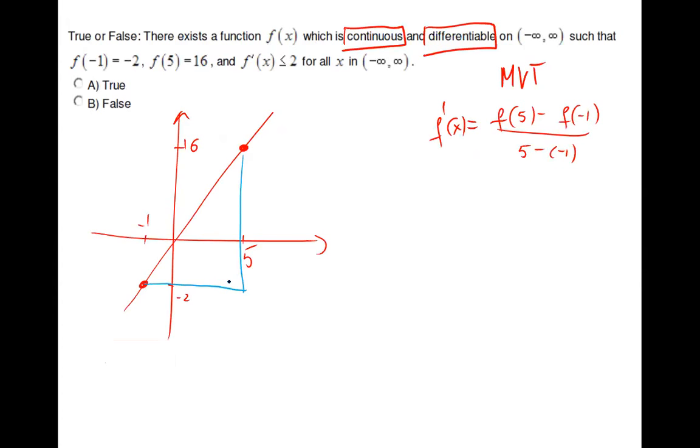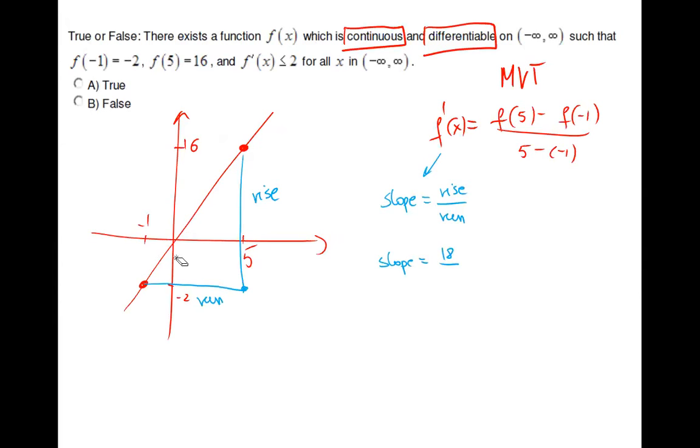Karen answered that it is false. Rise over run, that means this is the slope. What is the rise? Can you tell me the vertical distance between 16 and -2? 18.